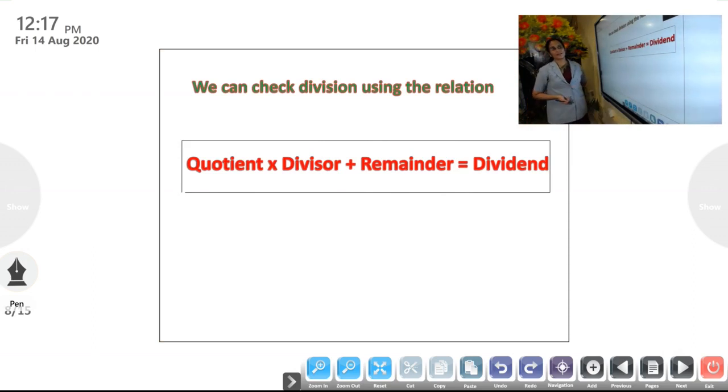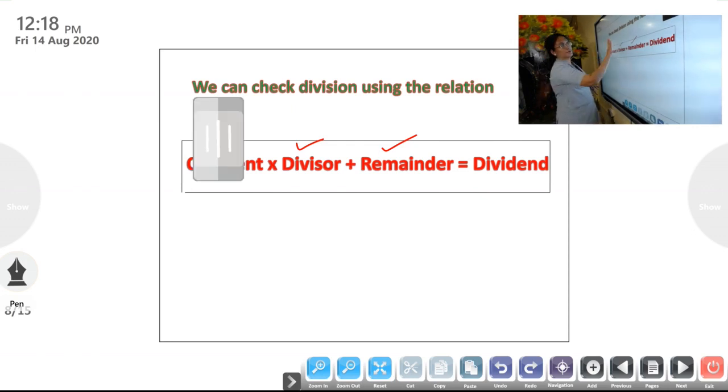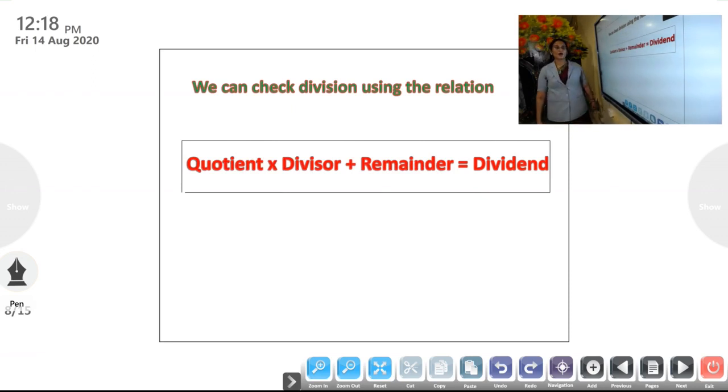Listen, here there is a relation to connect the quotient, the divisor, the remainder and the dividend. We can use this relation to check division, that is, whether the division we had done is correct or wrong. What is the relation?